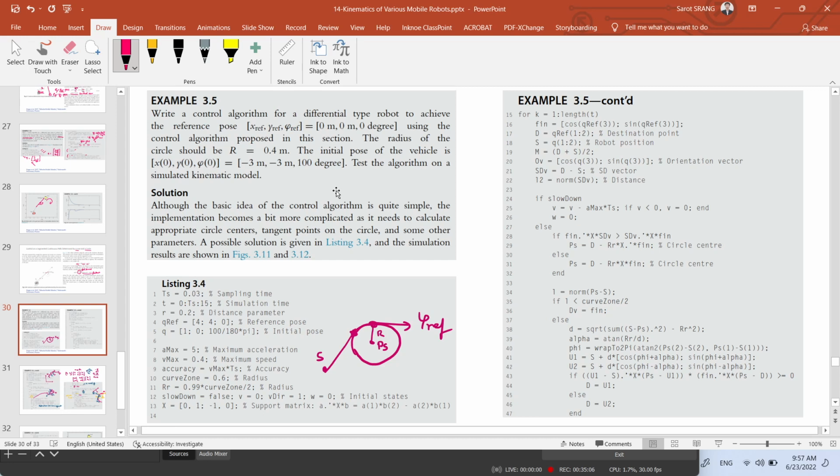So first, let me just lay out the problem that asks us what to do, before I explain the code here.